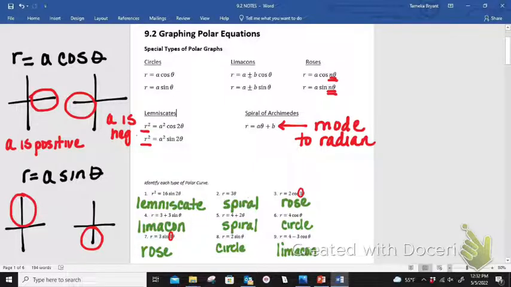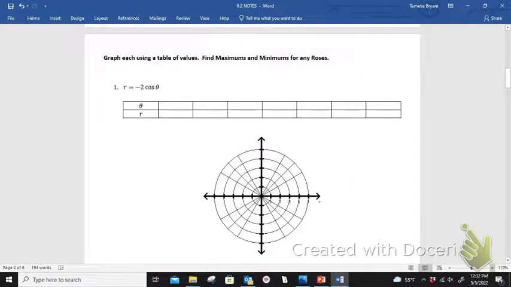Okay, so we're going to skip around a little bit. We're going to do 1, 2, 4, and 6 today. So pick out a calculator. We're going to do these in degree mode to keep it simple.